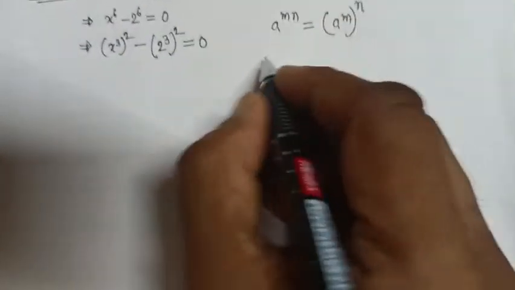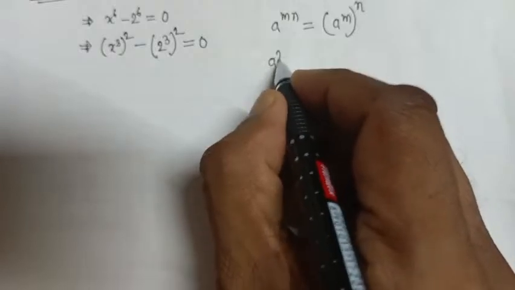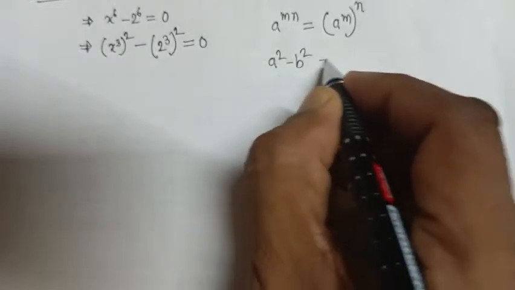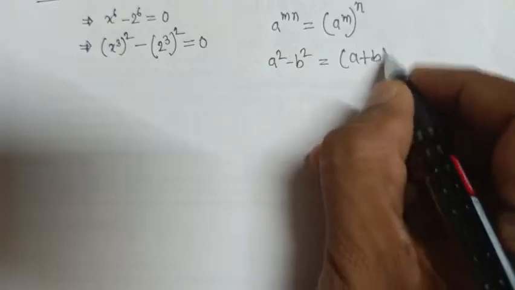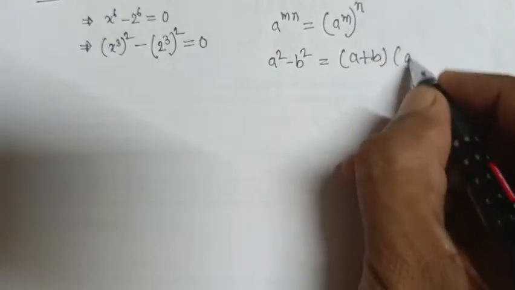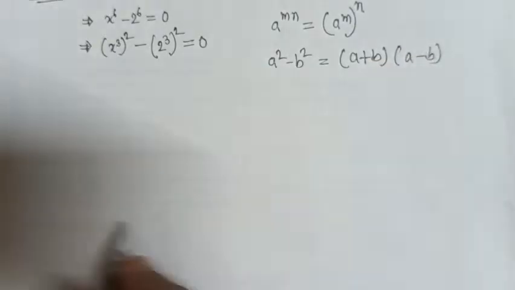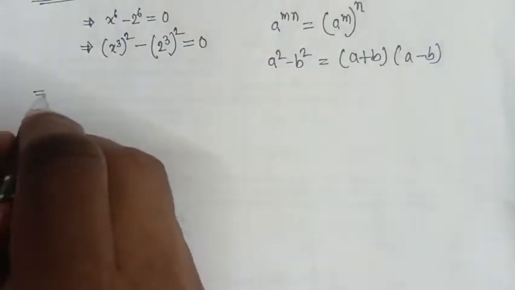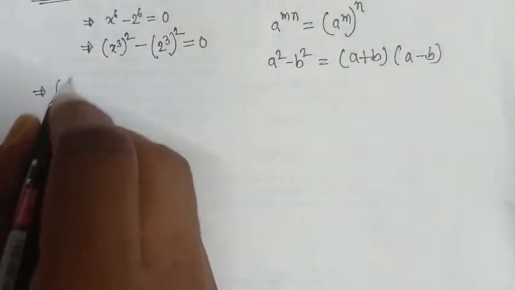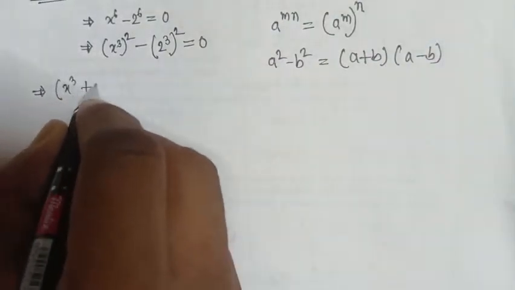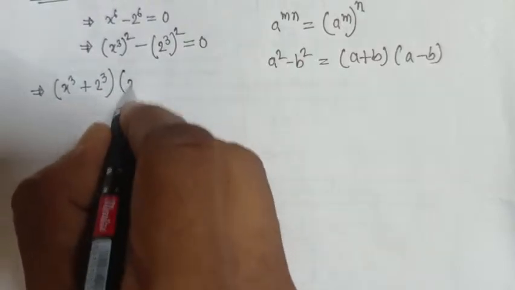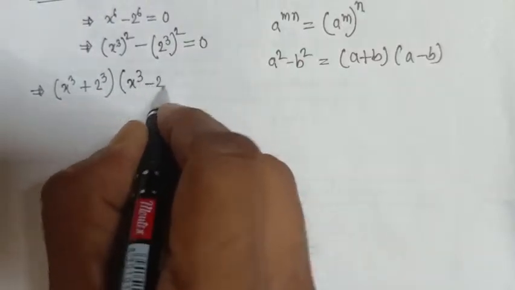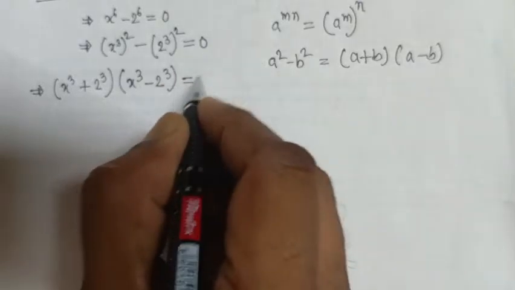Now we know the formula a square minus b square equals a plus b into a minus b. So we can apply the same here: x cube plus 2 cube into x cube minus 2 cube is equal to 0.